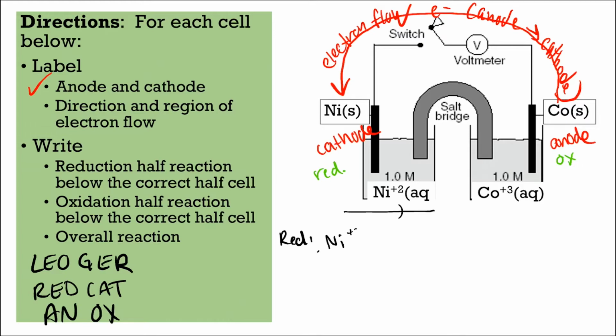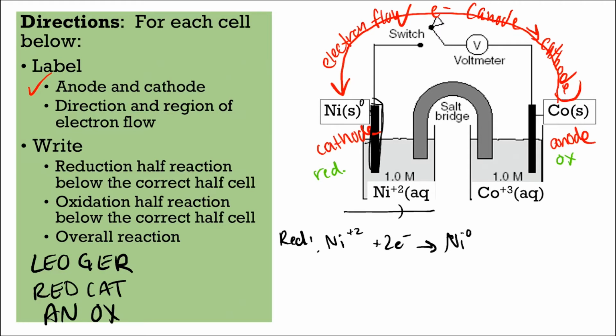So you have nickel plus 2 plus 2 electrons gives you Ni0. So when we're writing half reactions for this, the metal, the cathode, whatever the electrode is, so electrode is the overall term for cathode and anode, that is your oxidation state of 0.